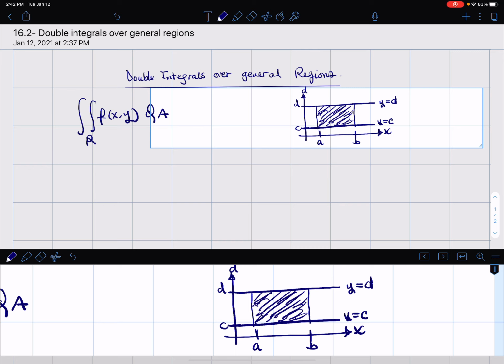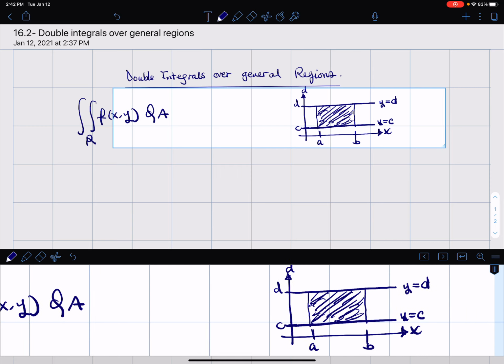So you're looking at the region bounded by these two functions, y equals d and y equals c. Think of this line as the graph of a function and this as the graph of another function, and then you're just going from A to B. You're looking at a region bounded by the two functions from x equals A to x equals B. That's one way to look at it.